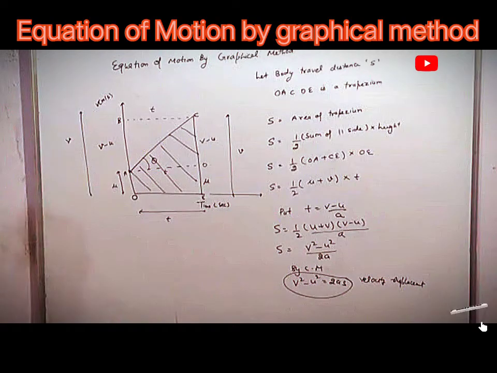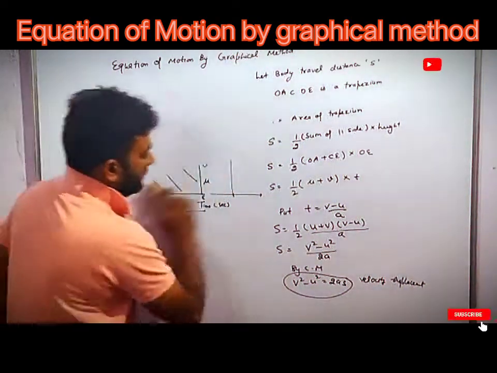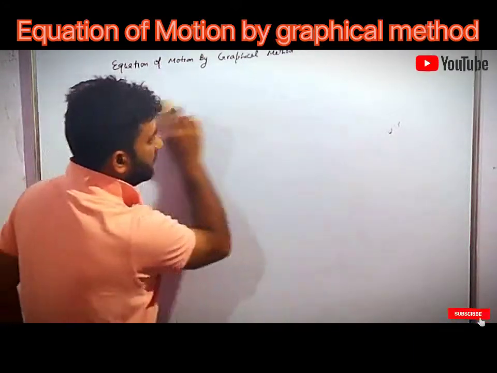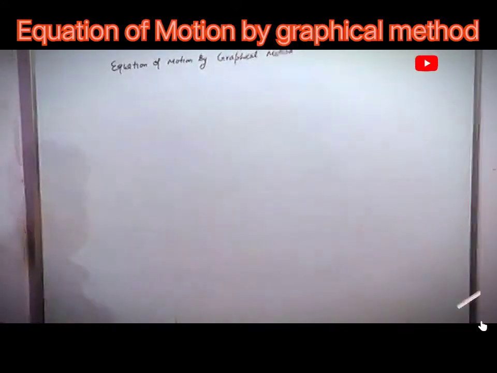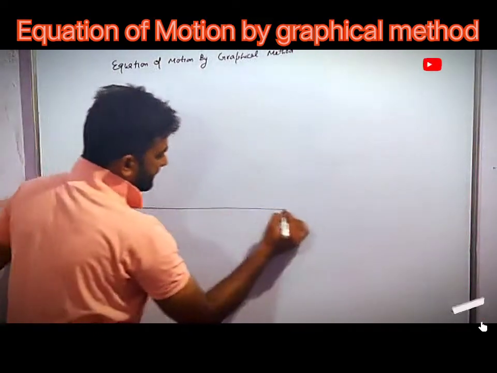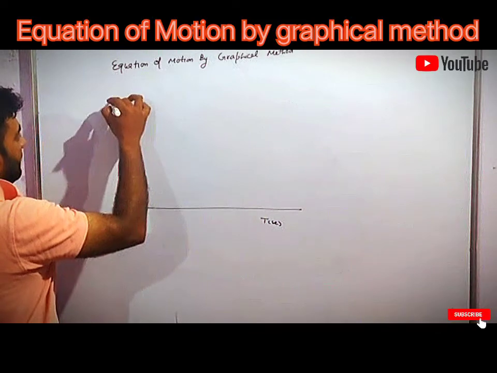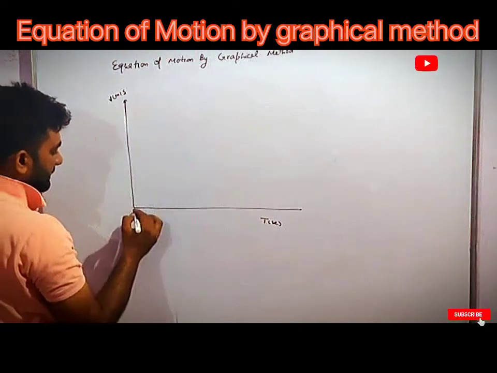Now, in case of numericals, we use both the slope and the area. Suppose this is the time axis, this is the velocity axis.